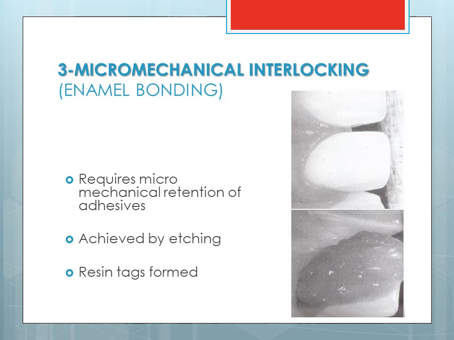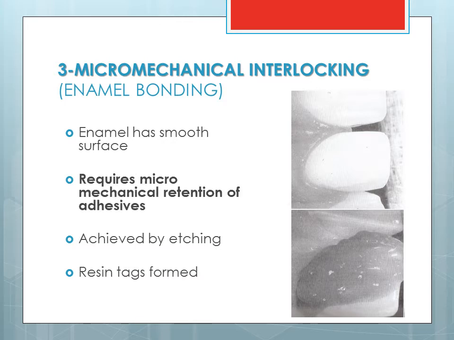The next important step is the micromechanical interlocking or enamel bonding. This is the basis of the bonding of composite and tooth. As I mentioned, in composites the bonding takes place by micromechanical bonding. Because enamel has a smooth surface, it is impossible for the dental composite to bond to it directly.